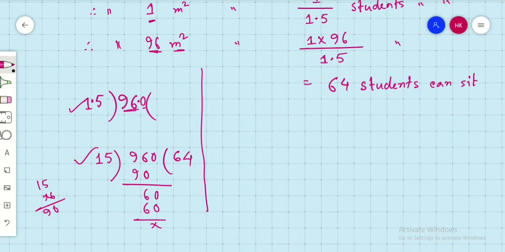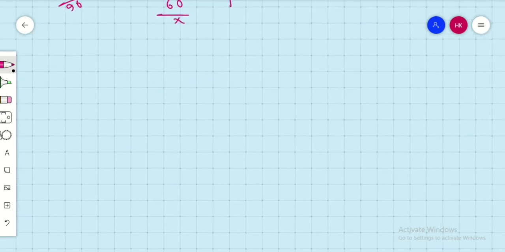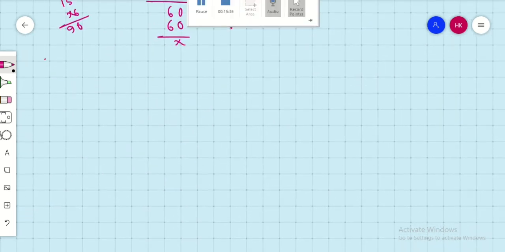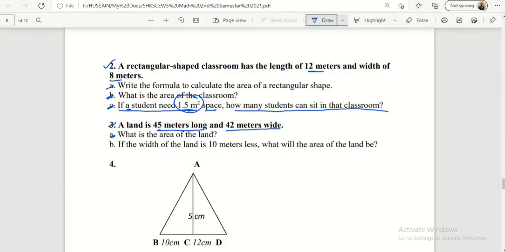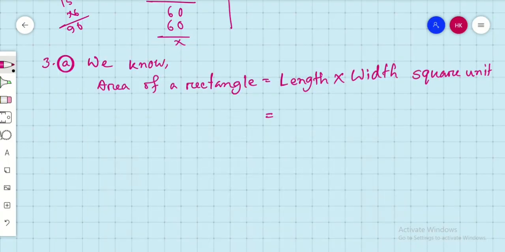Here we have to find the area of the land. So first in 3A we write: we know area of a rectangle is equal to length times width square unit.